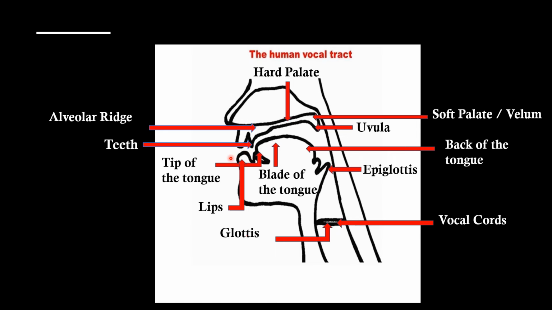Here we also have the lower lip and the upper lip. The lips can be spread, rounded, or neutral. What matters in speech sound articulation is whether the lips are rounded or unrounded.